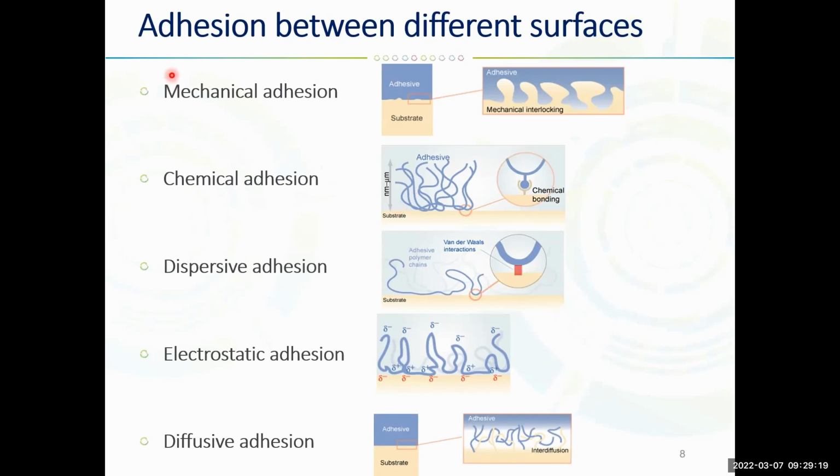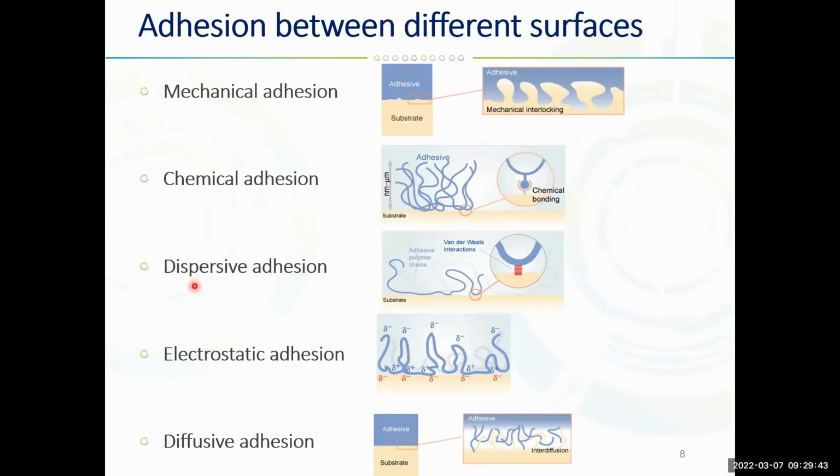It can be a mechanical adhesion between the tip and the substrate. It could be a chemical adhesion, where chemical bonds are formed between atoms and molecules on the tip and the atoms and molecules on the surface.